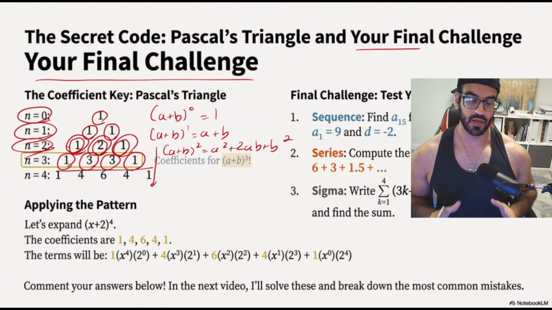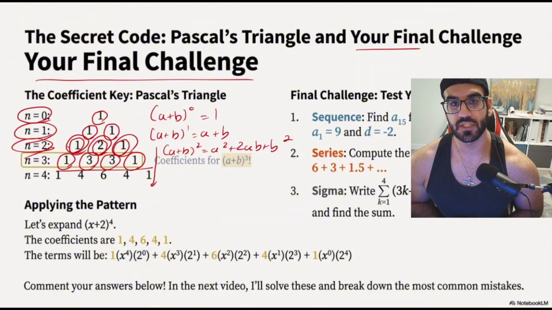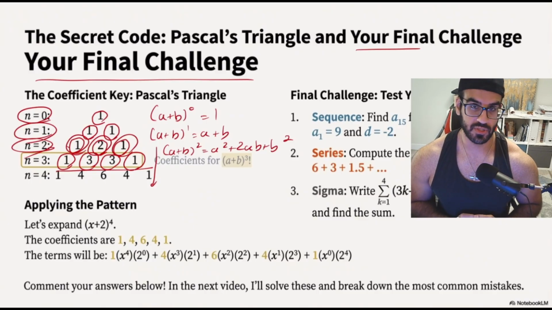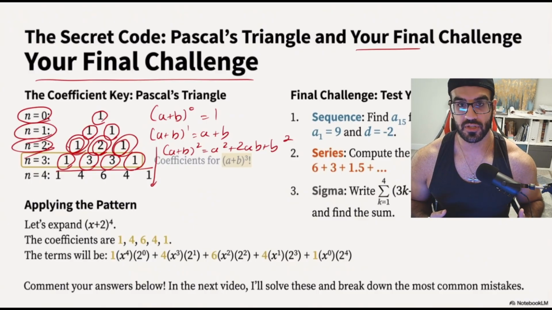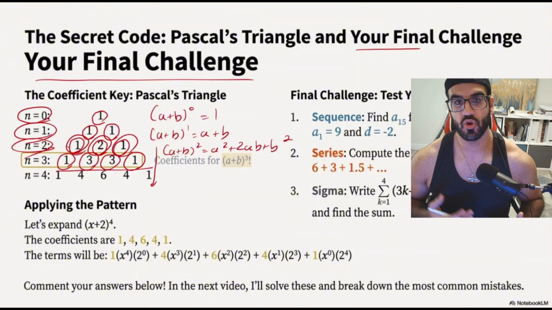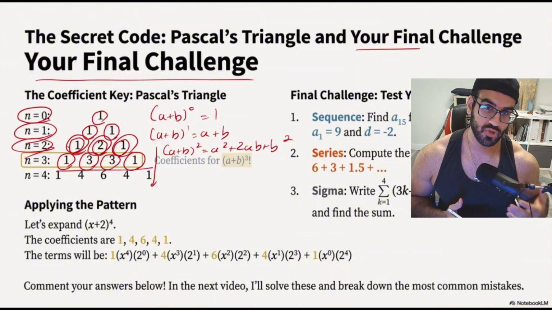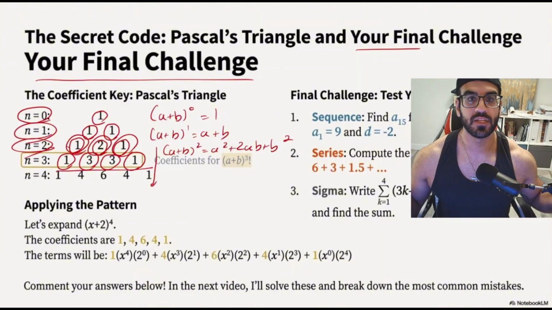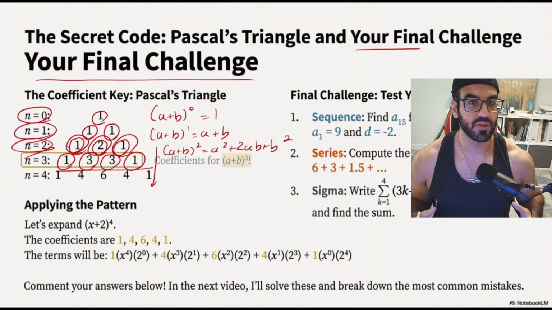So what were we talking about? We were talking about two important sequences or patterns, the arithmetic sequence and the geometric sequence. We saw that if you add, or if you multiply, one number at a time to your previous term, you're going to have a pattern. Not only can you predict the specific nth number you're looking for, but you can also find the sum of all of those previous numbers.